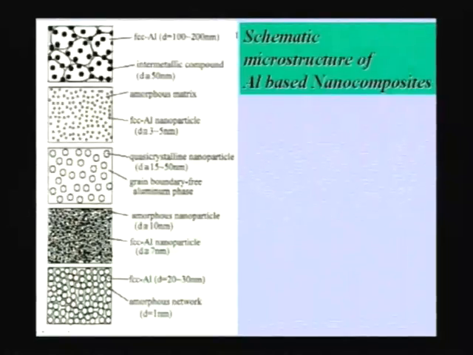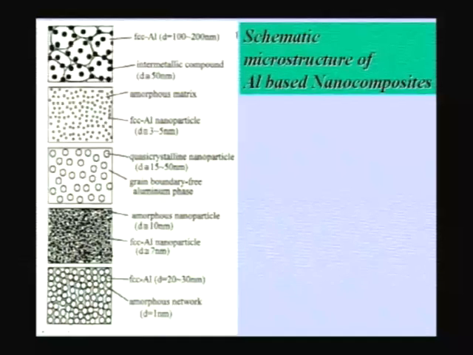Another possibility is that you can have an amorphous network with FCC aluminum. How do you get it? You can get again alpha aluminum nucleated in an amorphous matrix by getting initially an amorphous phase and then nucleating a large number of alpha aluminum.